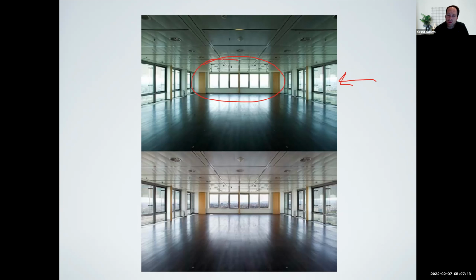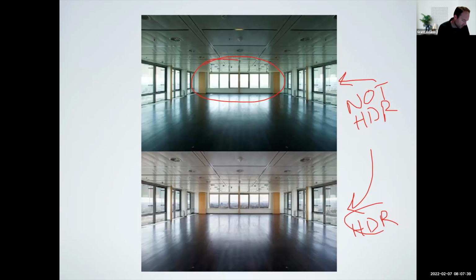So if we use the concept of a high dynamic range photo in this context, we can actually benefit a lot. If we come down here to this image, this is an HDR. So I'll make a note, HDR, not HDR. If we look at this bottom one that is the HDR, we can tell that this is actually a view of the skyline of the city.